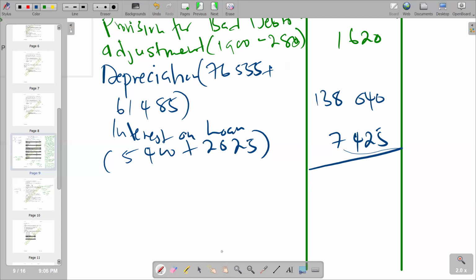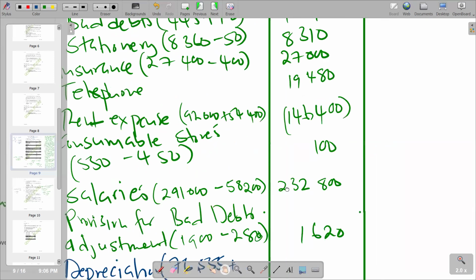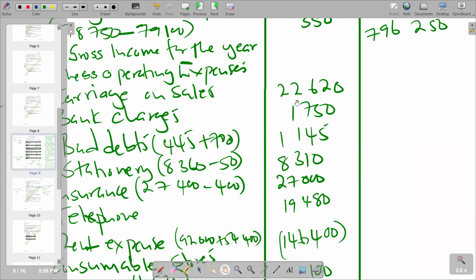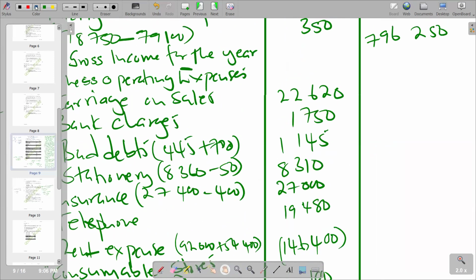Right, and then we go there and we close at the top. Then here we close again, whereby we are adding everything that is in the box to get our total expenses.